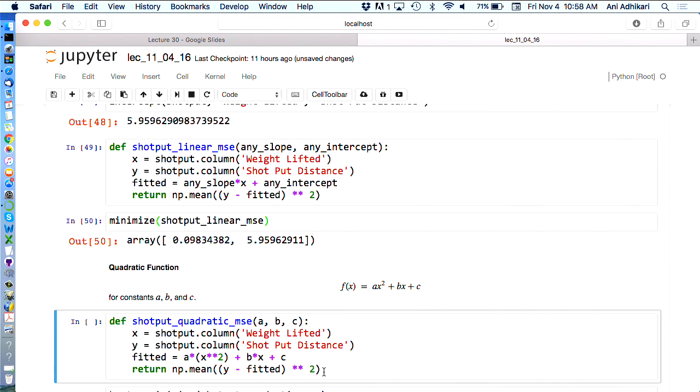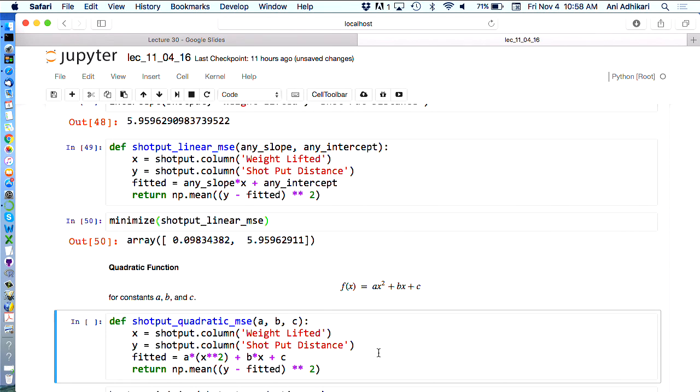Before I run this, I would like you to please look at this cell where we define the linear mean squared error, and compare it with the mean squared error for a quadratic fit. Compare line by line and see where the difference is. In the first line, there is a difference.